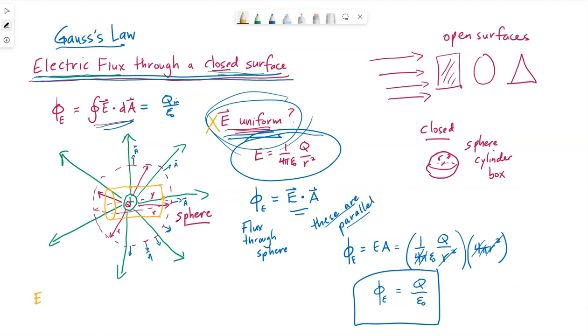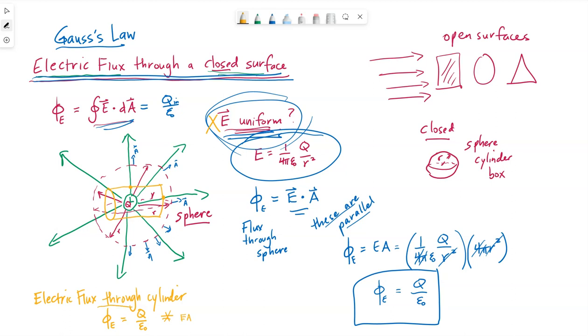Therefore, the electric flux through the cylinder would be the charge that's in there, that point charge Q, over epsilon naught. Now, it would not be equal to simply E times A, because the electric field is not uniform, and the electric field vectors and area vectors are not parallel.